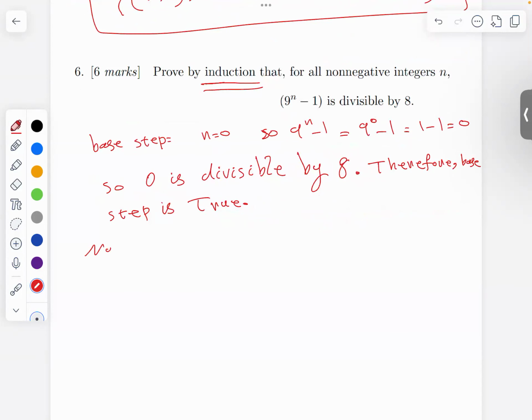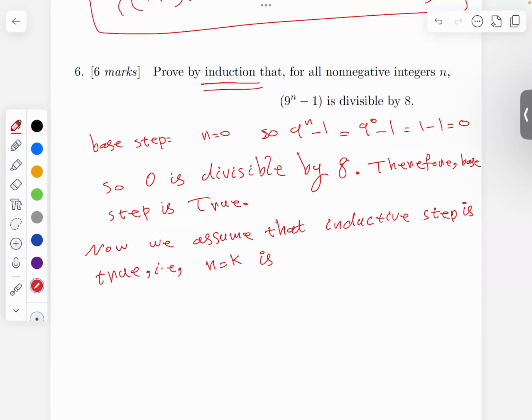Now, assume that the inductive step is true, i.e., n equal k.